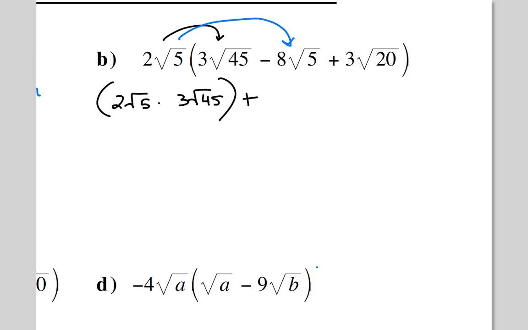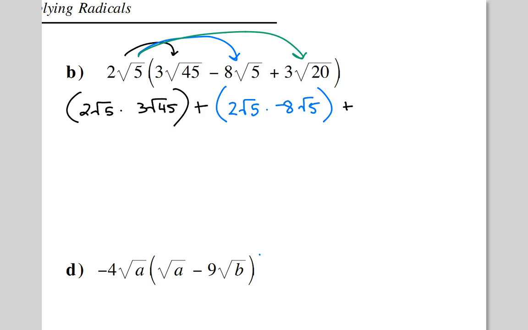Plus, now let's do the next one. 2 root 5 times negative 8 root 5. Plus the last one. 2 root 5 times 3 root 20. So that's distribution, and of course you'll always just sum it all up.